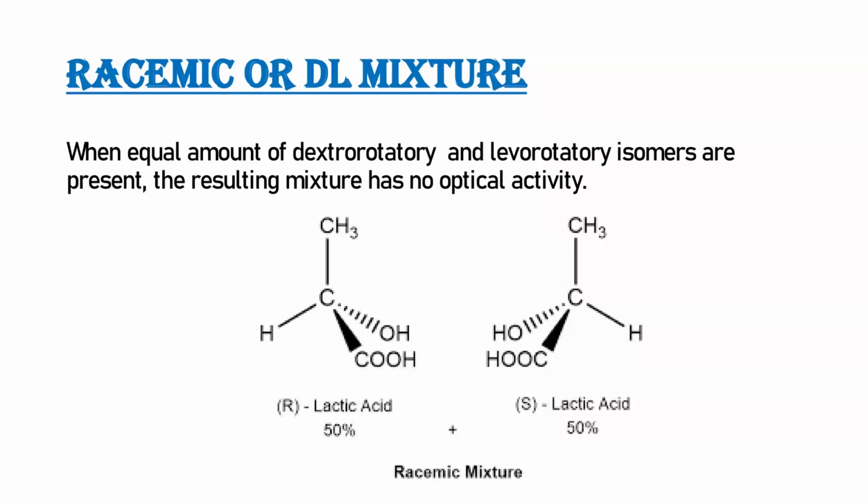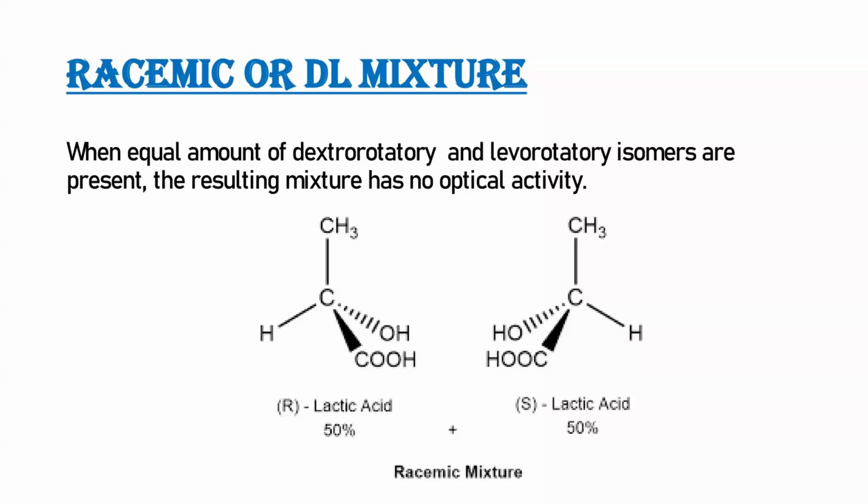So when you have equal concentrations of dextrorotatory and levorotatory isomers, the resulting mixture does not have optical activity, and it is known as a racemic mixture.